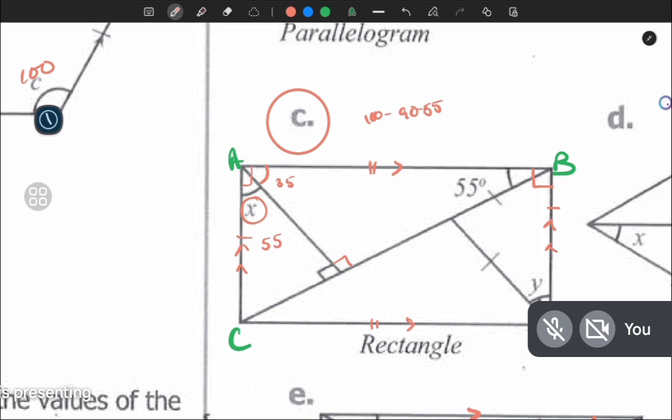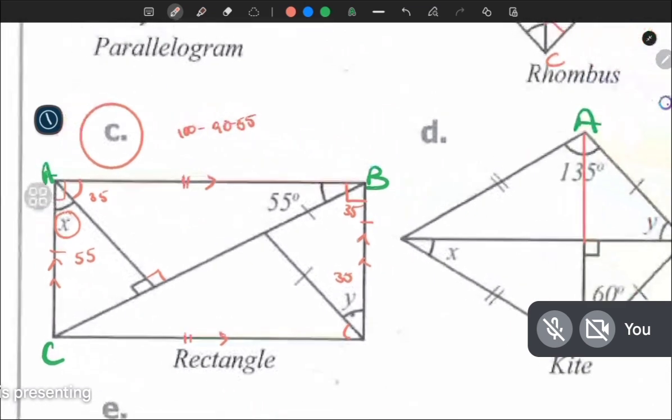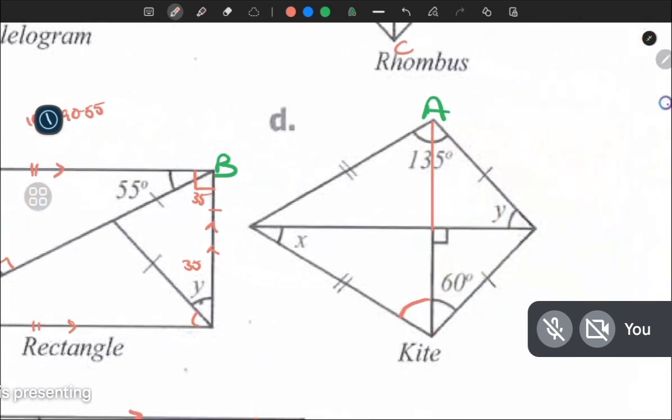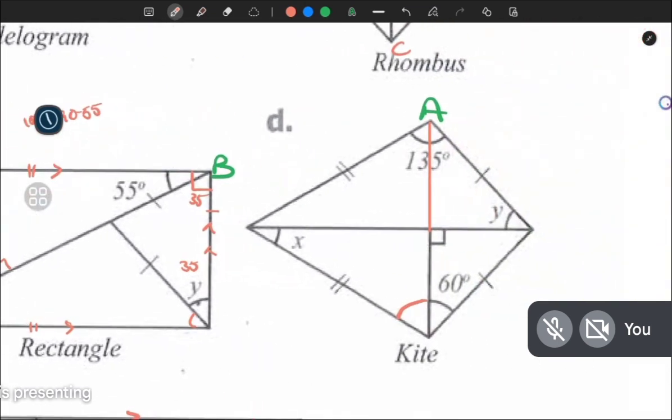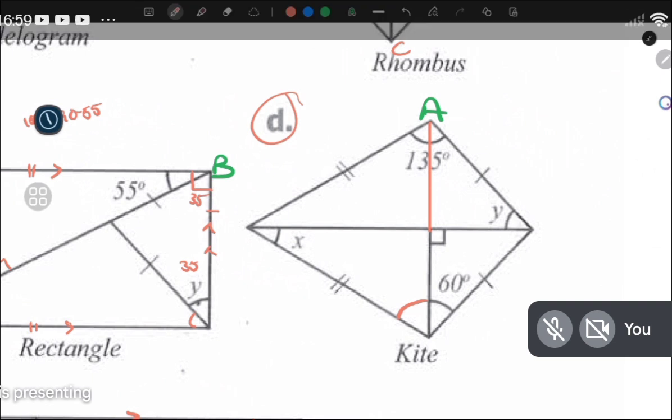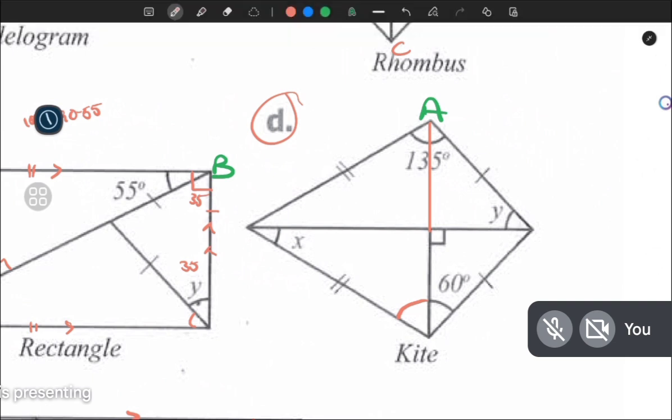Yeah, then y is 35, right? Because you subtract from 90 and you get 35 here. And then since it's an isosceles triangle, you get 35 above. Okay, try D. This is the last question for our class.